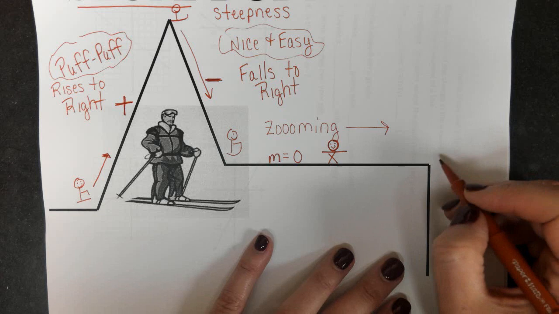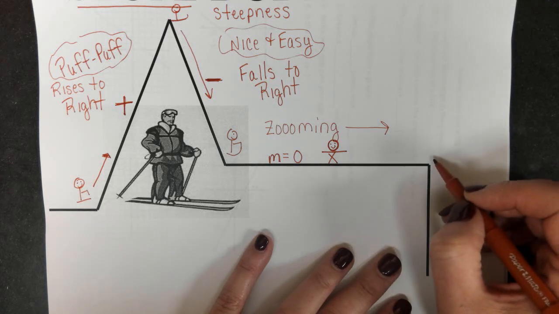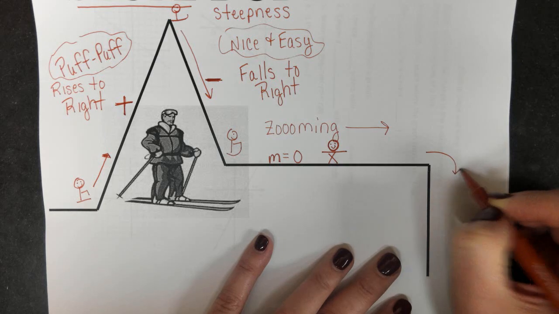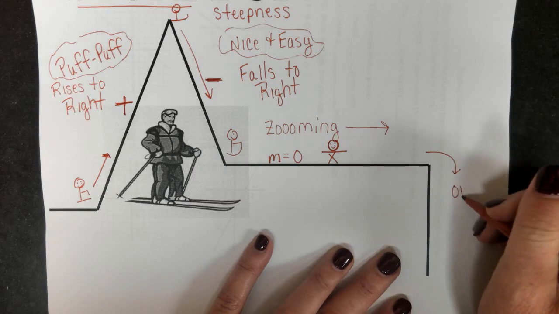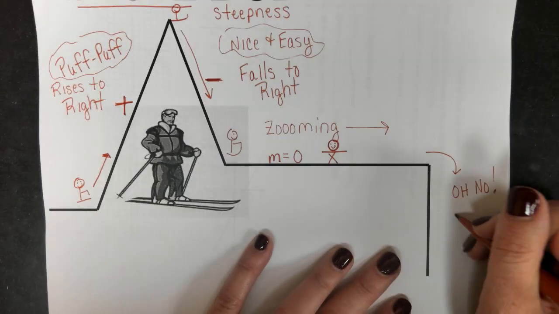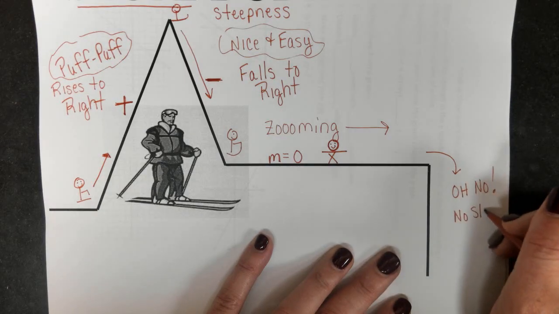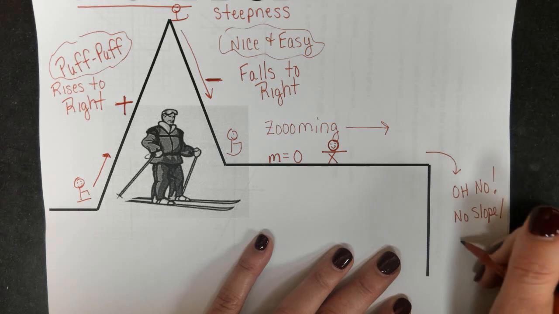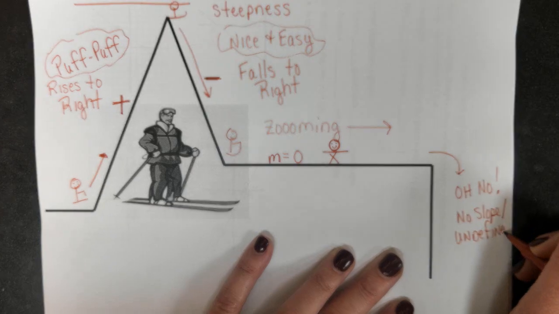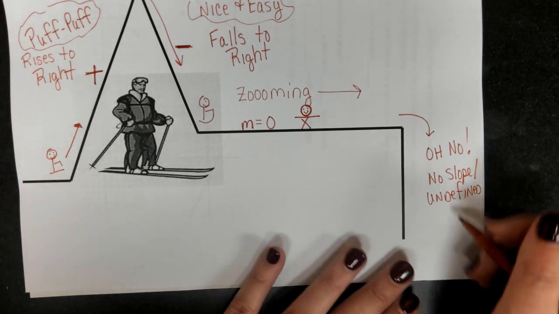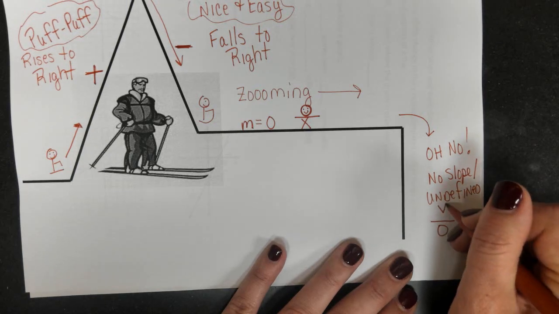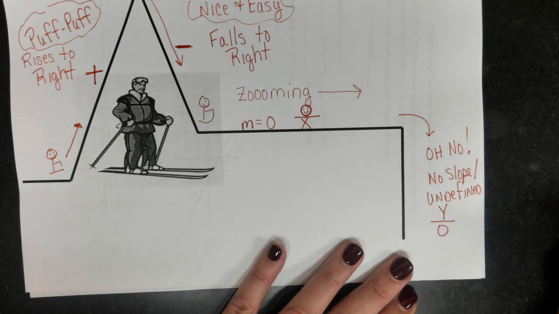So then also on the mountain, Slope Dude, you've got to be careful because if you come to the side or the cliff, you might fall off a cliff. And you say, oh no, I'm falling off a cliff. So this is no slope, or you could also call it undefined. That's because we end up getting 0 in the denominator and a number on top, and you can't divide by 0.